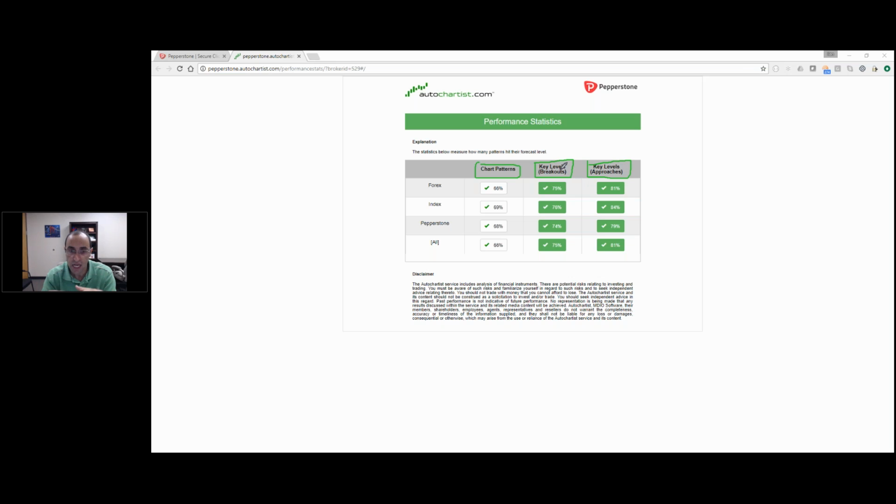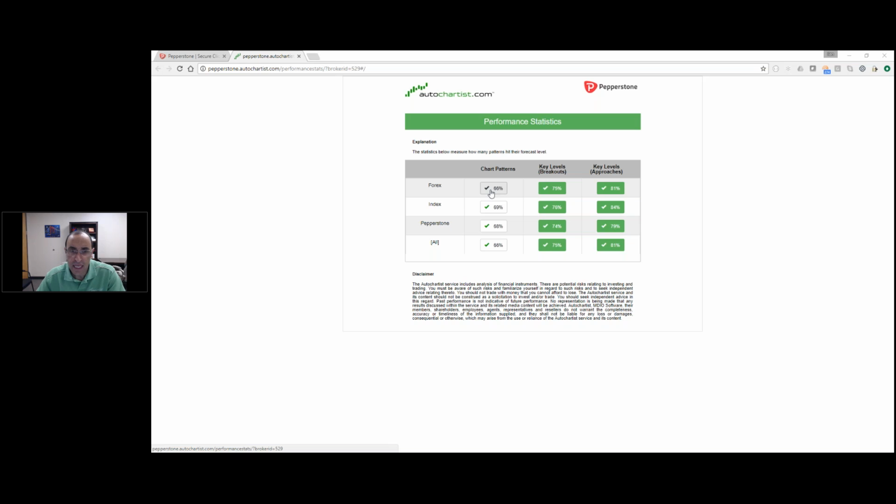Those are horizontal levels, and you would have known this if you listened to the first webinar in the series. And approaching key levels. These are the patterns where the price of an instrument is approaching a horizontal support or resistance level, right? So let's look at each of those in turn.